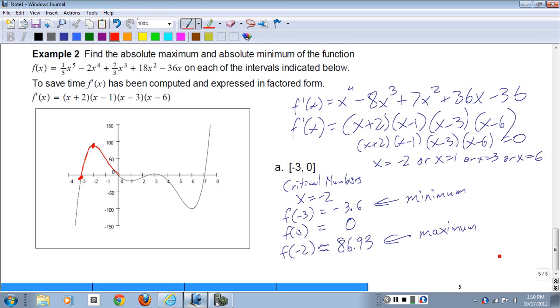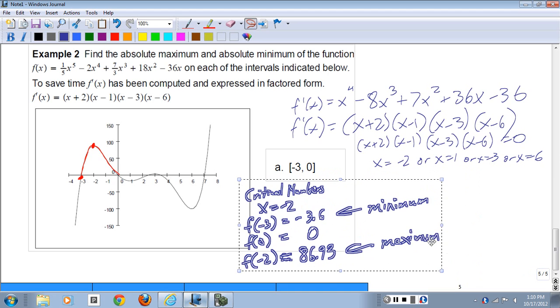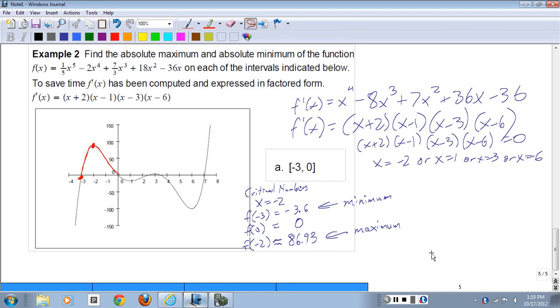I'm going to put this maybe right here. D. 0 to 7.